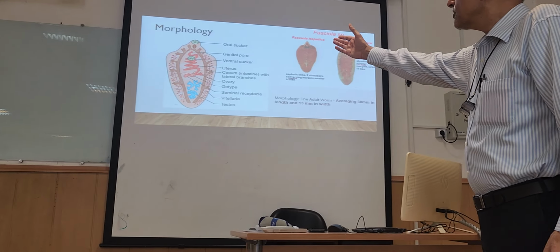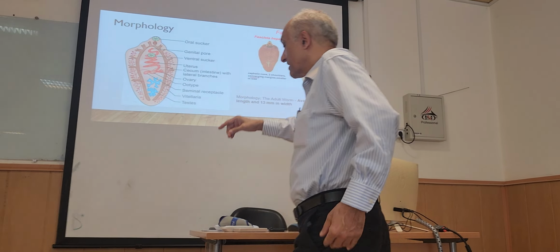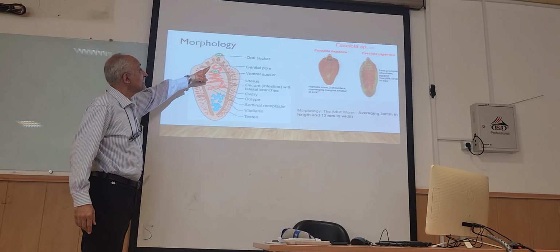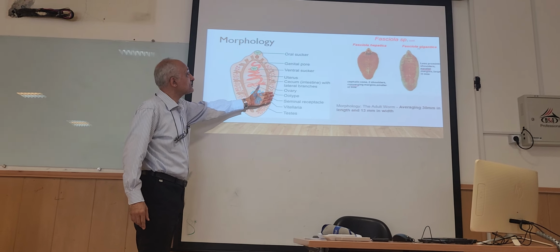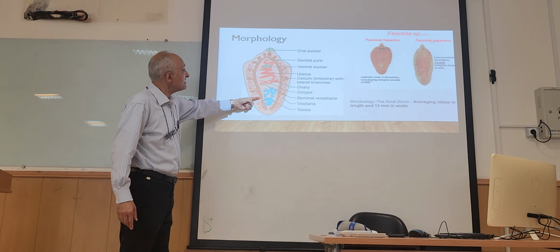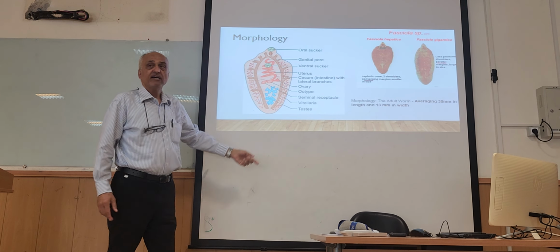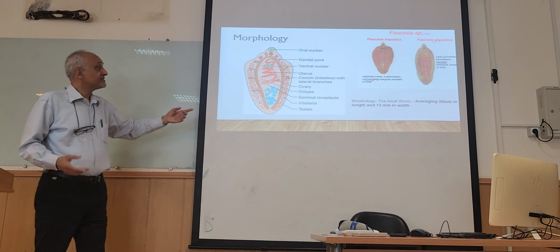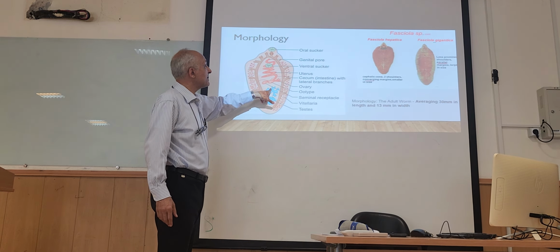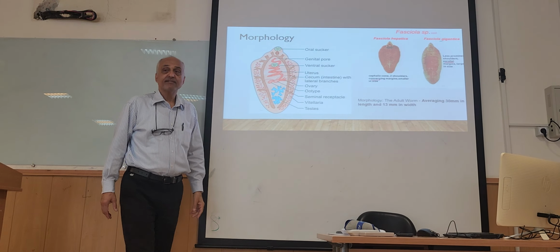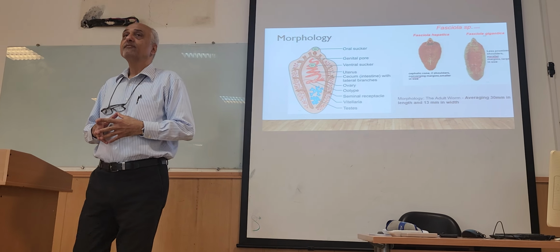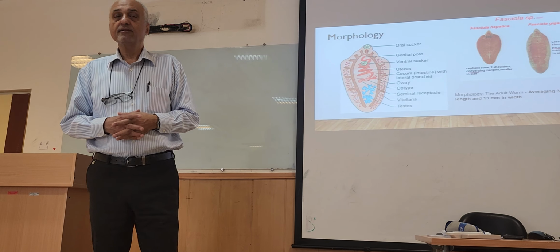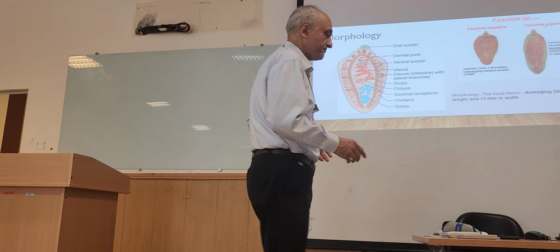So you can see here the oral sucker, ventral sucker, the genital pore and also the uterus, and you can see here the ceca. This is not a real digestive tract, but you can find it here, the testis and also ootype, seminal receptacle, and all male and female organs are in one individual.